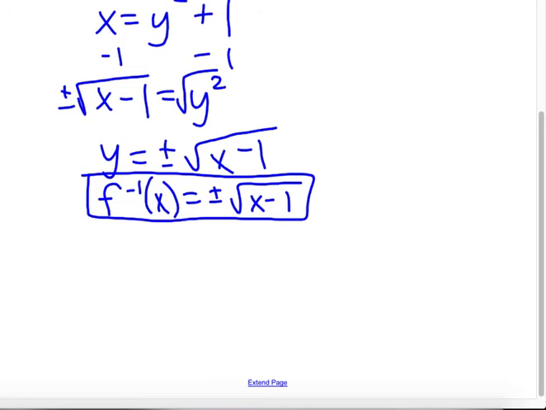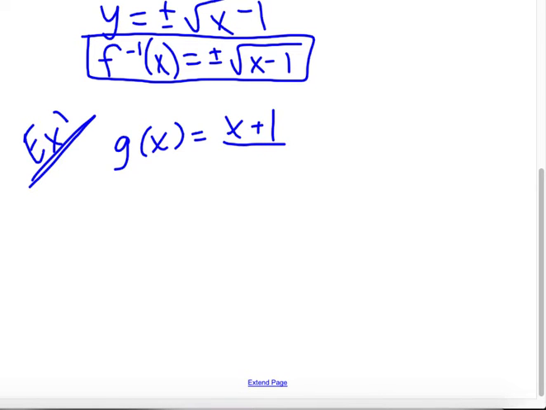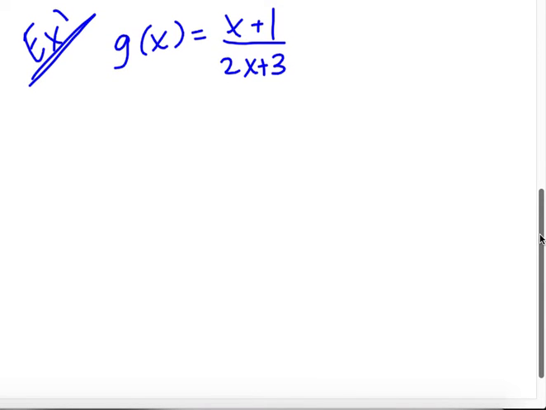So we'll say for this example, we're going to find the inverse of g of x is equal to x plus 1 over 2x plus 3. So find the inverse. The steps are to first replace f of x with y, or g of x with y, whatever we're dealing with.